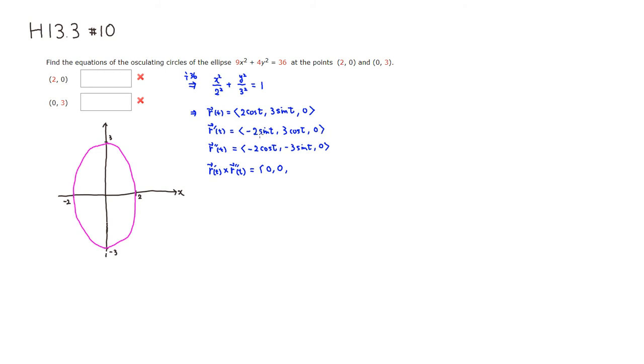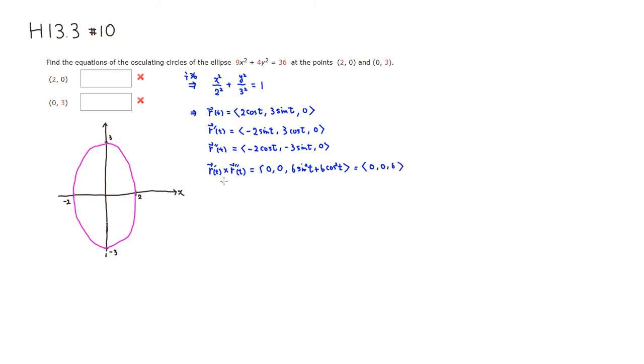This component is 6 sine squared t minus negative 6 cosine squared t, which is just 6. So you get 0, 0, 6.